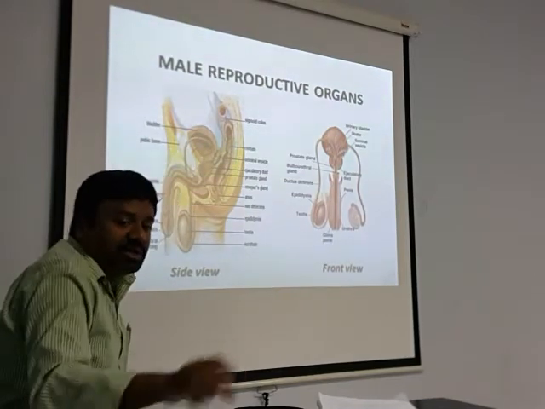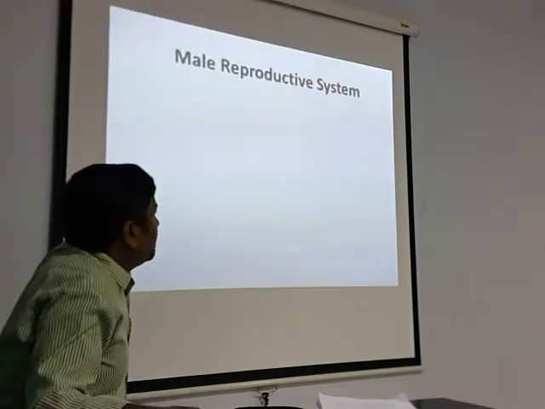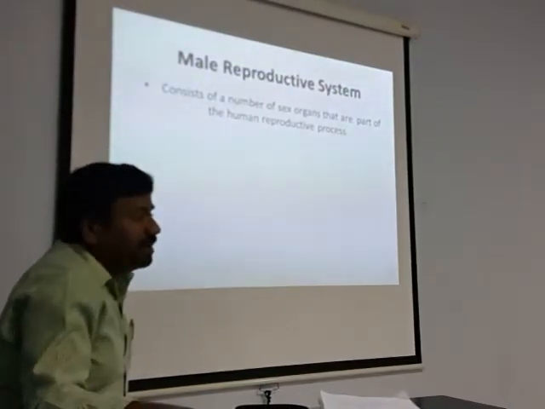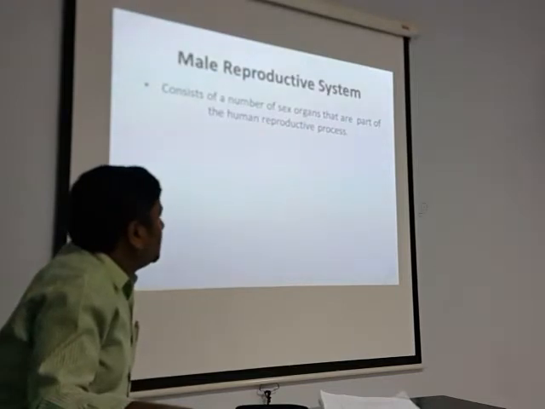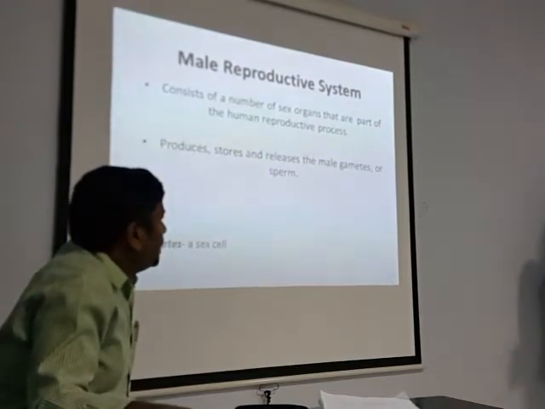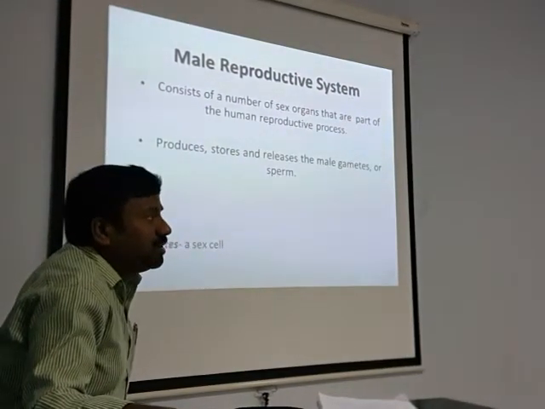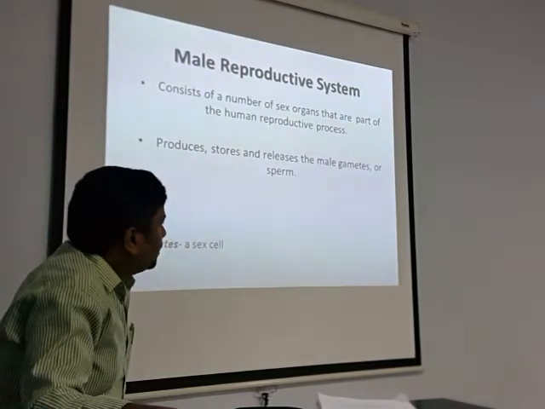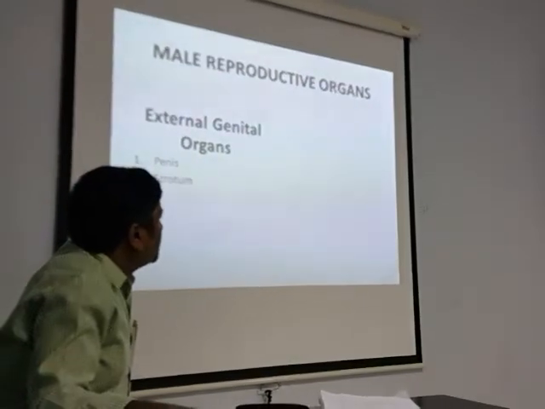So let's look into what are the organs which are present in the male reproductive system. As I said, it consists of a number of sex organs that are part of your human reproductive system, which produce, store and release the gametes or sperms into the female genital tract. So what are those organs?